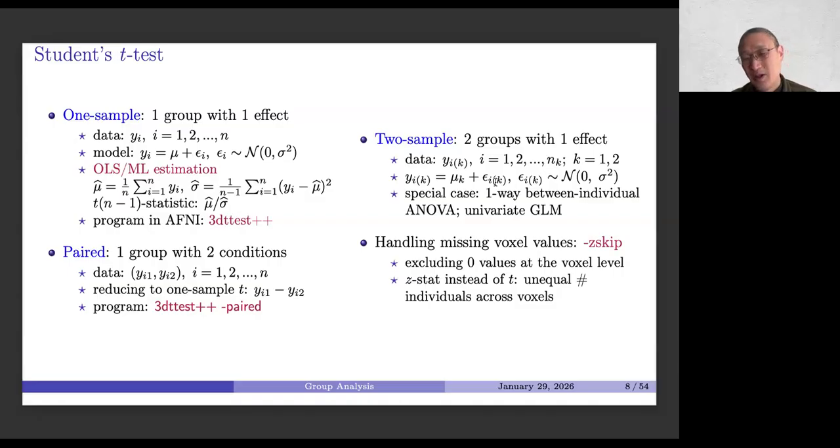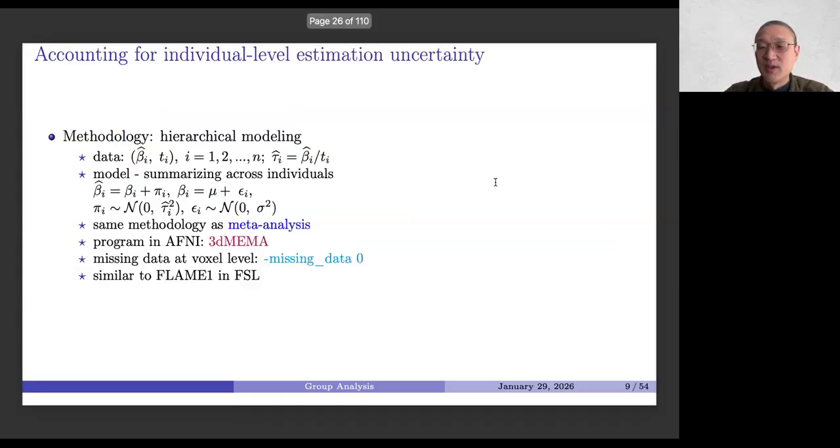If you just use all the values, then you will get a biased estimate for those voxels. So this option will basically exclude those zero values and only model those participants with real, non-zero values. That will give us a slightly more accurate estimate for those voxels with missing data.